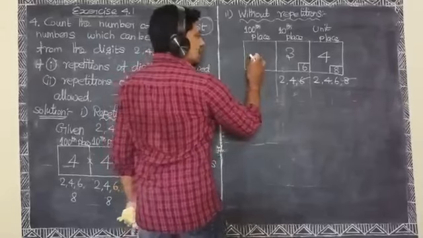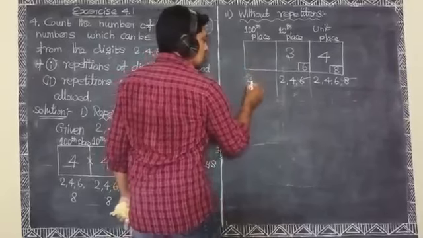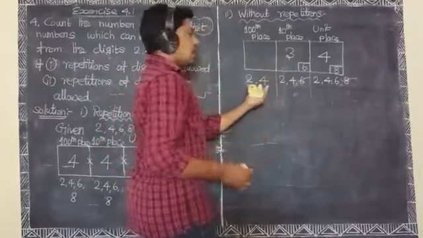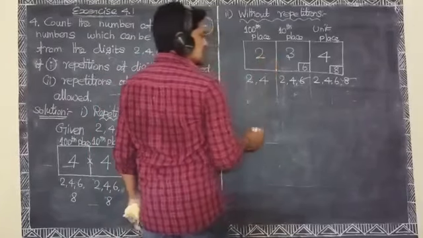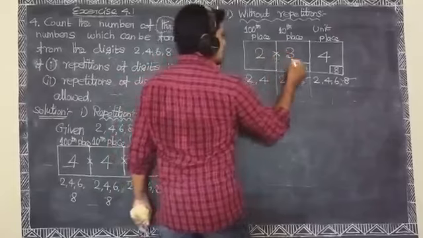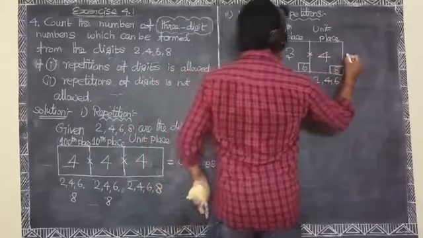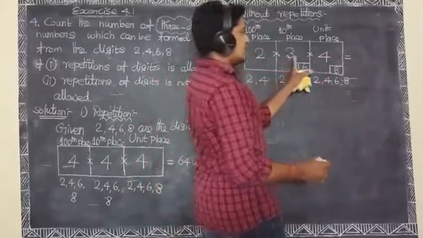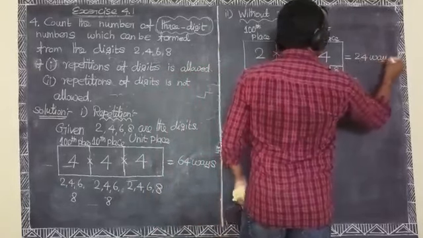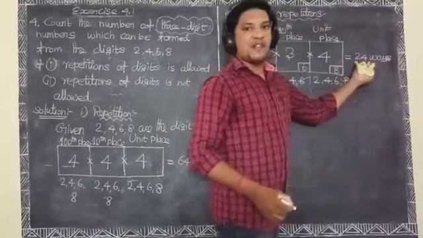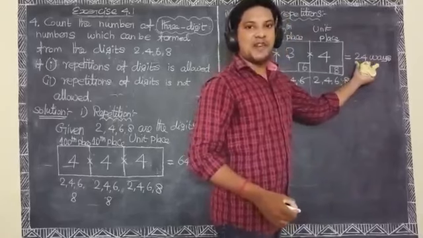Then for the hundreds place only 2 and 4 are possible, 2 ways. So 2 into 3 into 4: 2 into 3 is 6, 6 into 4 is 24. So 24 different 3-digit numbers can be formed.